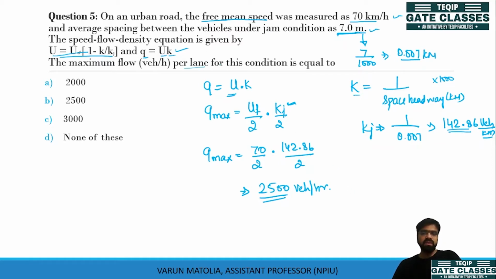The jam condition is given, and it is for one lane because it is vehicle to vehicle, bumper to bumper traffic. So the answer is 2500. This is how you can calculate. These questions will tell you how a question can come from these relationships, these models.